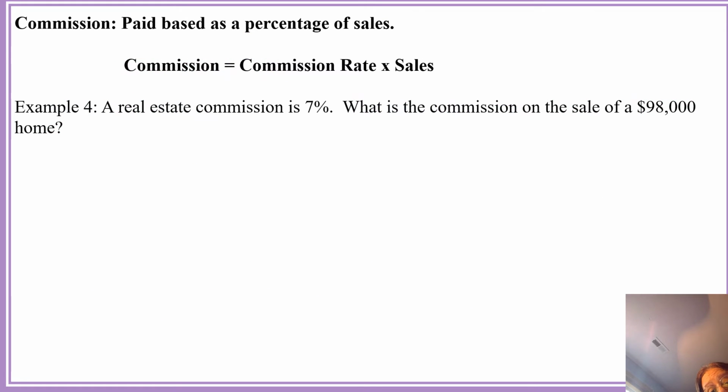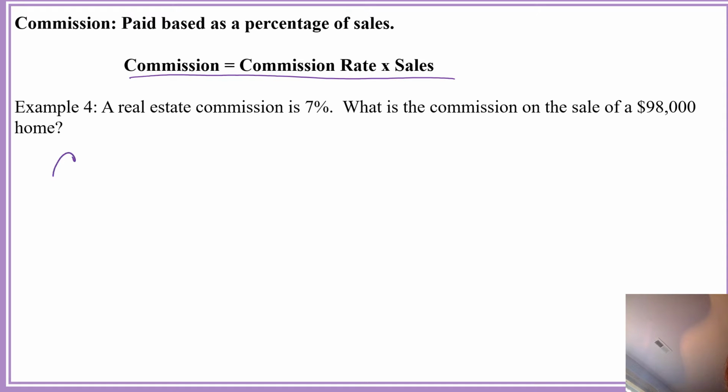All right. Now, commission. Commission is something a salesman will get based on how much money worth of goods he sells. A real estate commission is 7%. What is the commission on a sale of? So commission, here's our formula right here.